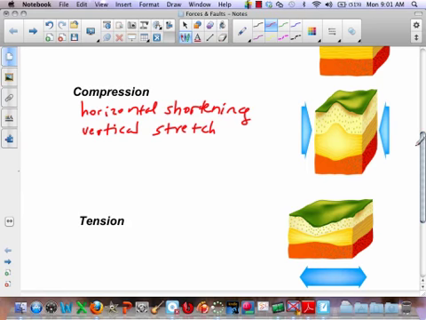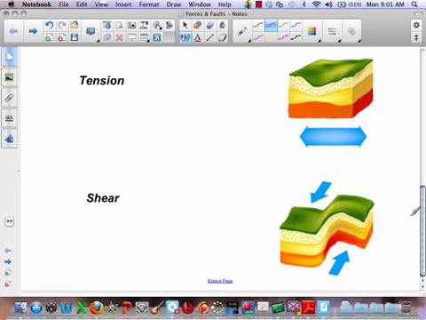And the diagram I have for shear, it's really hard to understand what's going on with this diagram. What's happening is you have two forces acting in opposite direction, similar to tension, except tension is pulling it apart. What's happening in shear is the two forces are literally going in this direction. You got one coming in this direction, one going in that direction, and it's literally ripping the land.